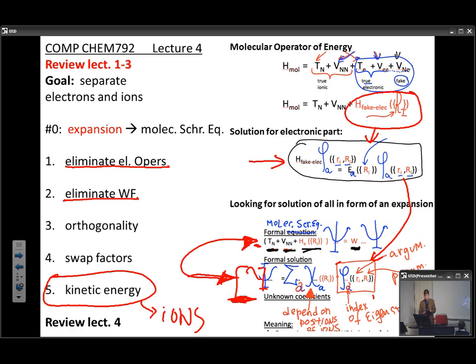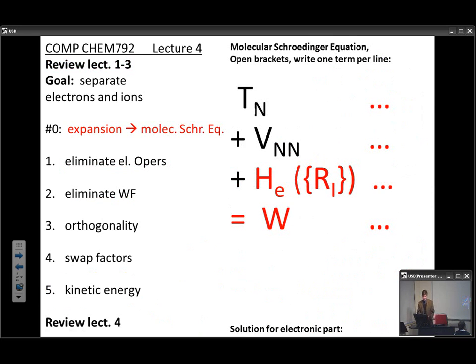To be able to speak about each of them, we will open these brackets and write this equation in the form of each term per line. So there is nothing new. I'm just repeating the same equation as on the last page.